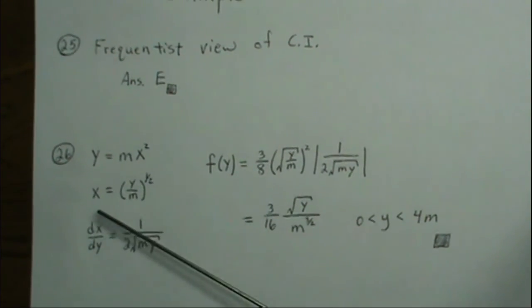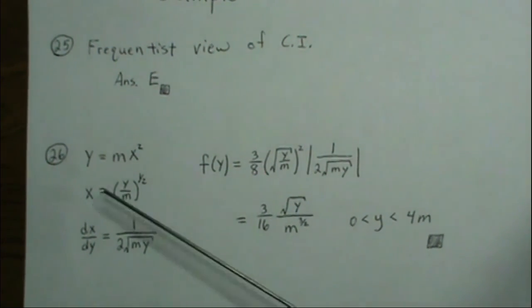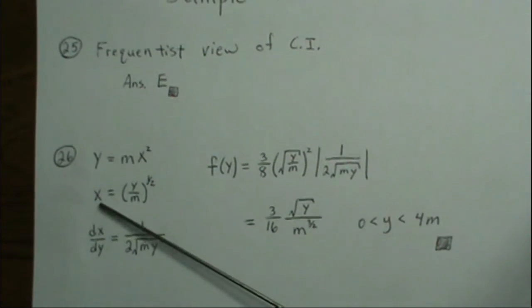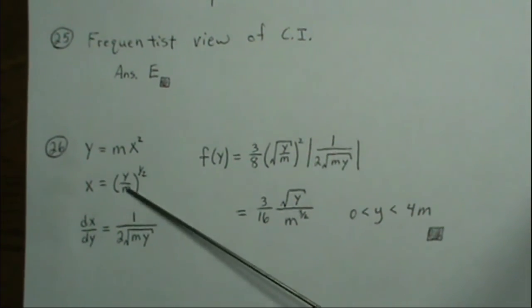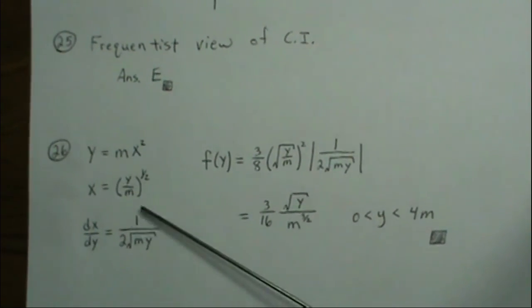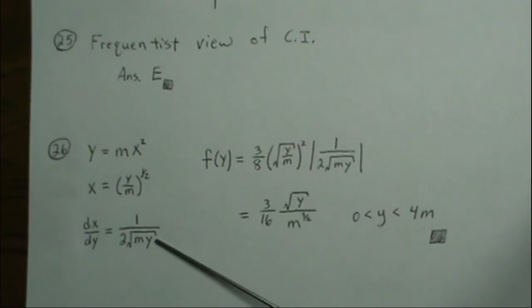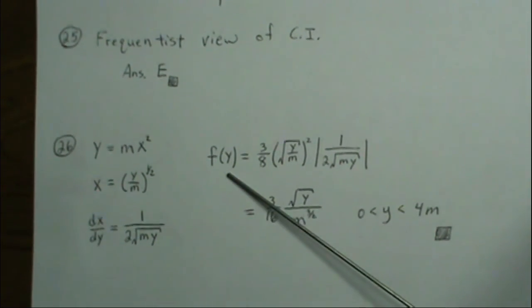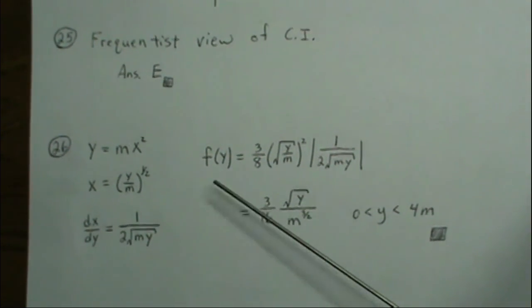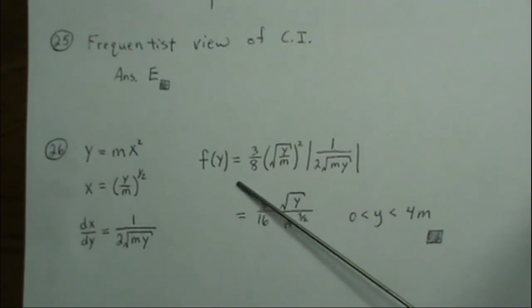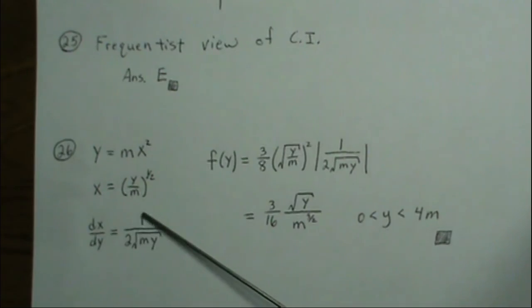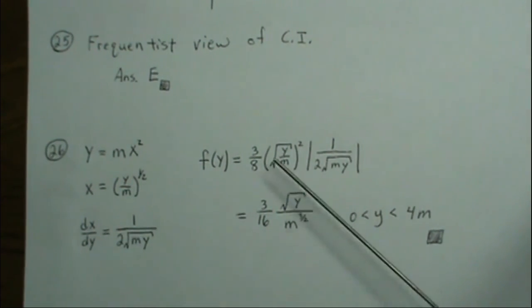So we back solve for X. Notice that this isn't plus or minus because we're only dealing with positive values of X. So it's the square root of Y over m. Take the derivative, we get this. Then the density f(y) is f(x), but you plug in this value of x, and then multiply by the absolute value of this Jacobian.